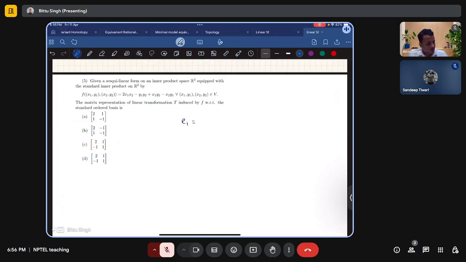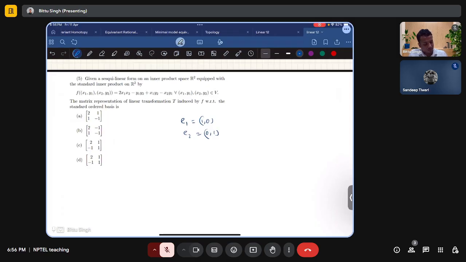So E1 means it is 1 0, E2 means 0 1. So we'll take f of, in general let us denote it by some alpha 1, alpha. So what is f of alpha 1 comma alpha 1?